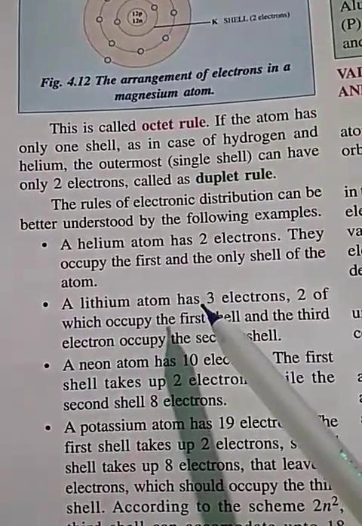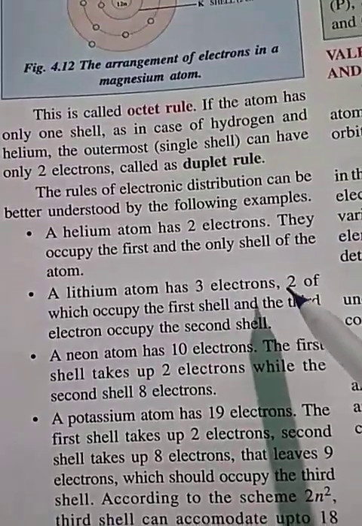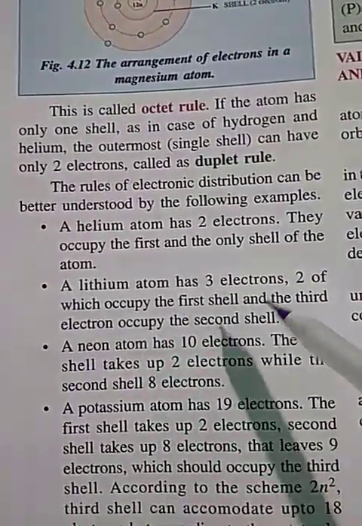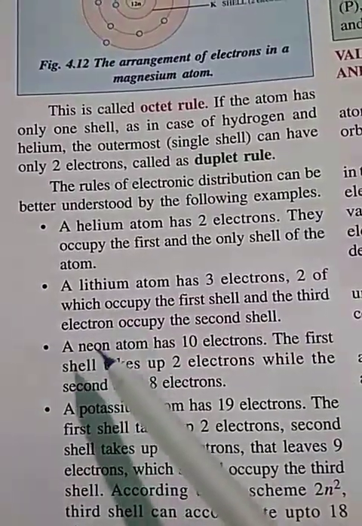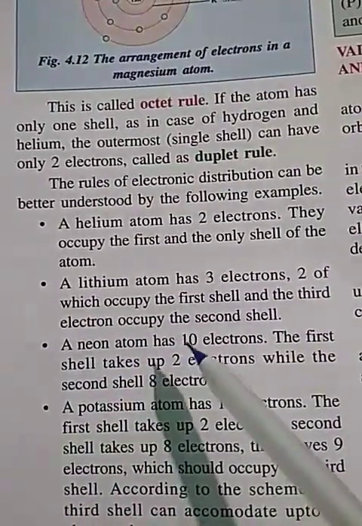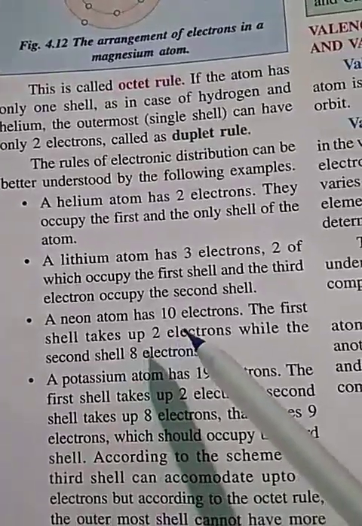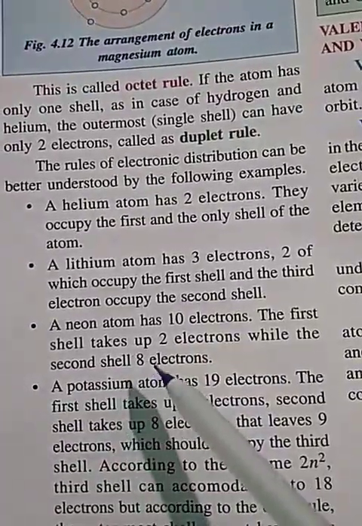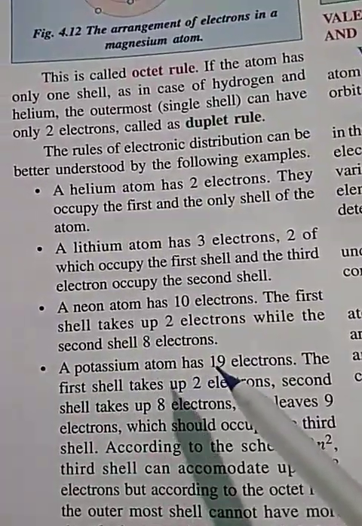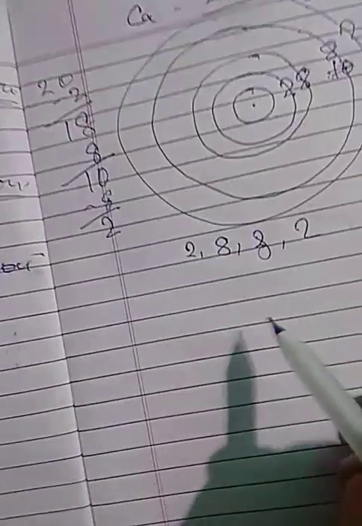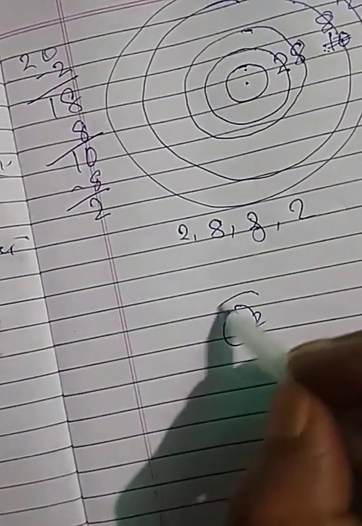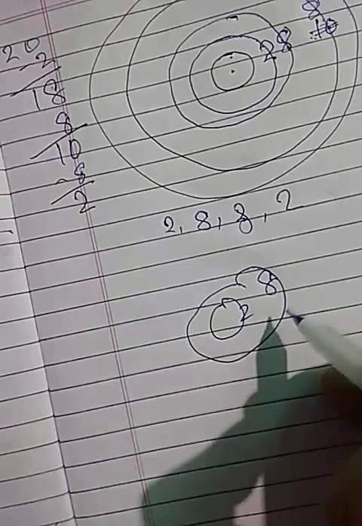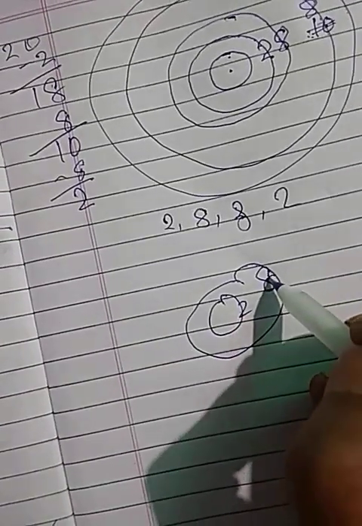Lithium atomic number is 3. The first cell will have 2 electrons and the second cell will have 1 electron. Neon has 10. First cell 2, second cell will have 8 electrons. Potassium has 19. The first cell will have 2 electrons, the second cell will have 8 electrons, so 2 plus 8 is 10.